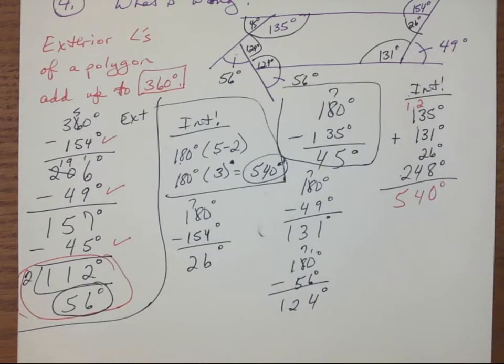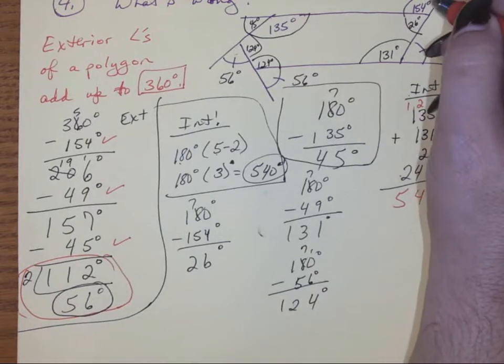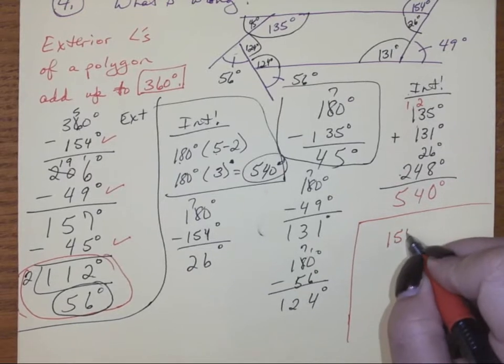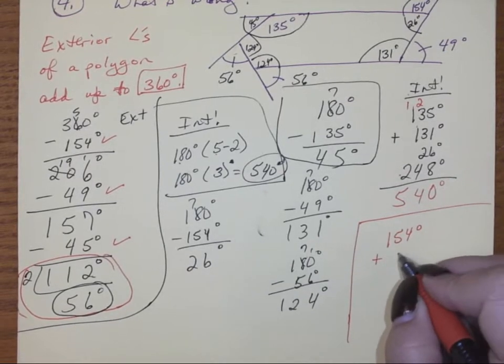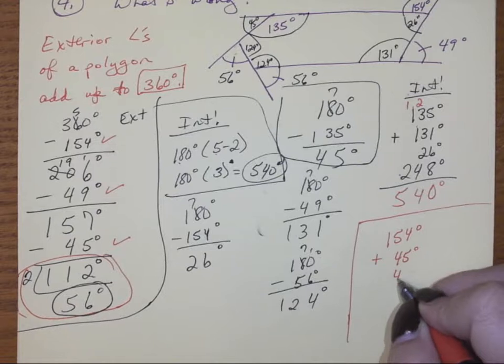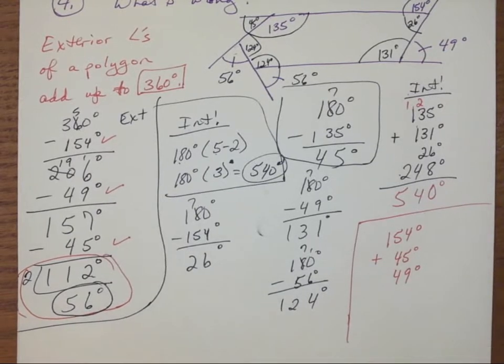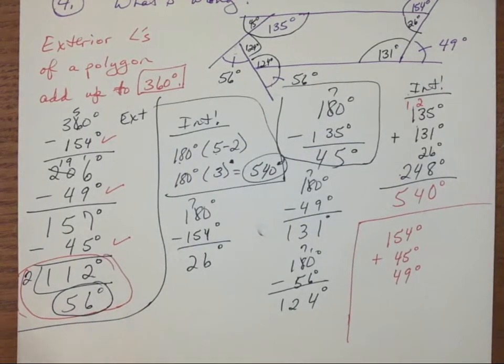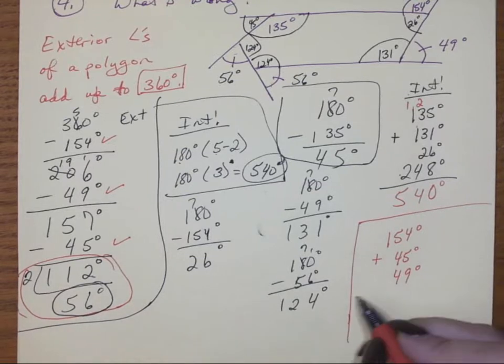So somewhere I've got something wrong in my arithmetic. So I definitely have the 45. That guy's okay. I've got the 154. Let's just add them instead of subtracting. That might help me. 154 plus 45 plus 49. Okay, so the problem becomes, why are these guys 49 degrees instead of 56 degrees?